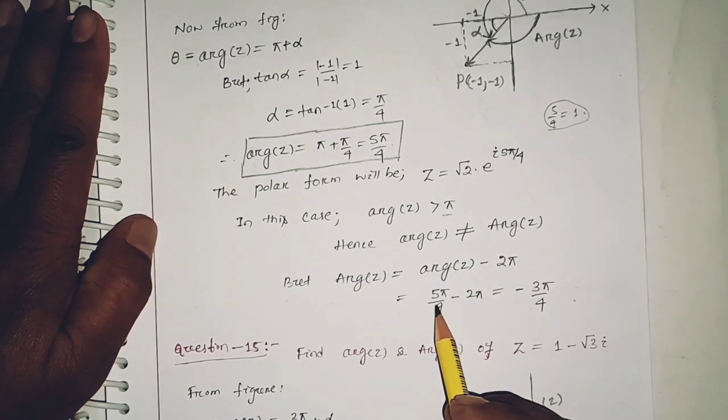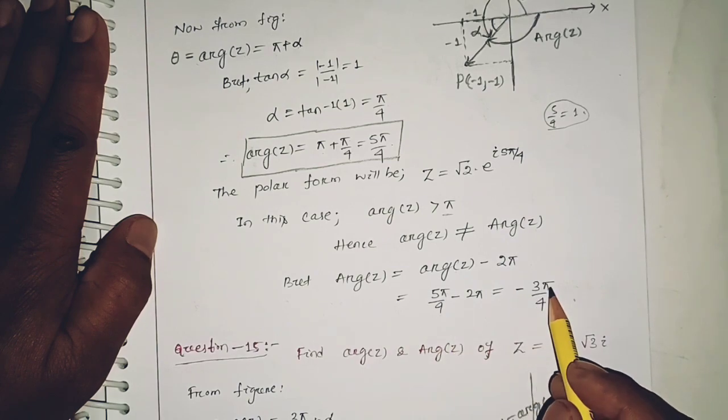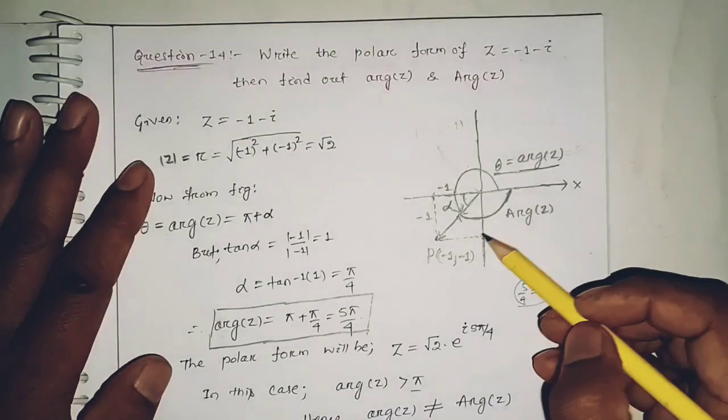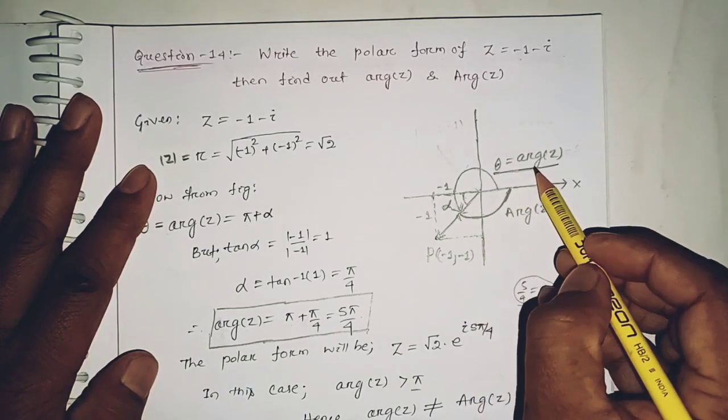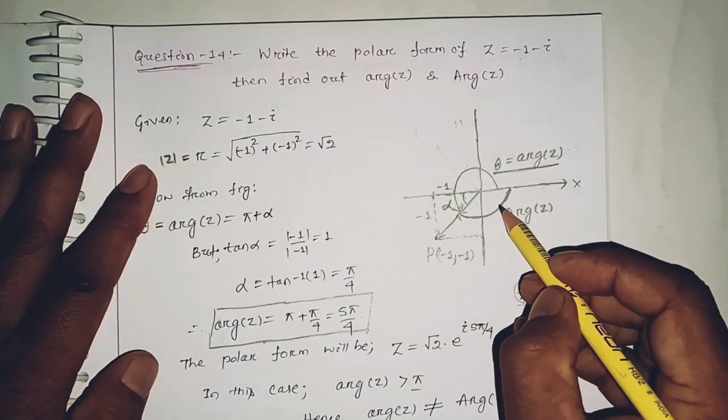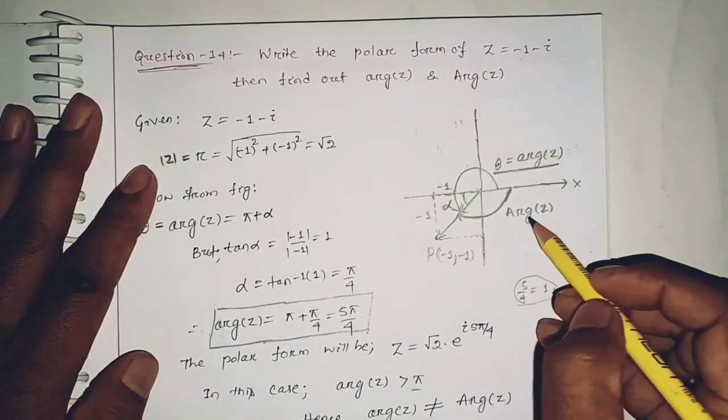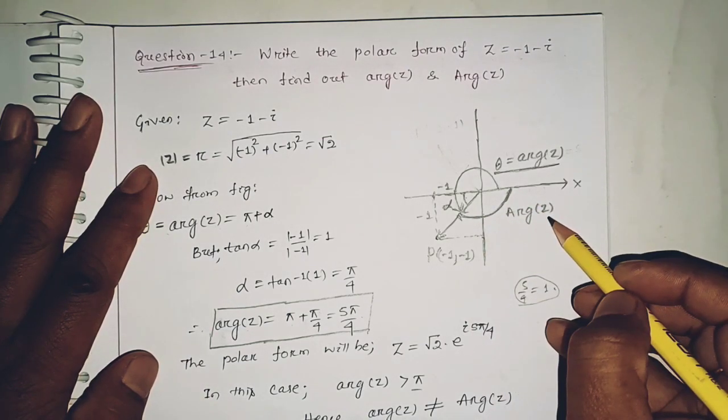For this case it will be 5 pi by 4 minus 2 pi, which is minus 3 pi by 4. Carefully observe this diagram. From here to here is nothing but your theta or argument of z. From here to here, this angle in the clockwise direction is your principal argument.